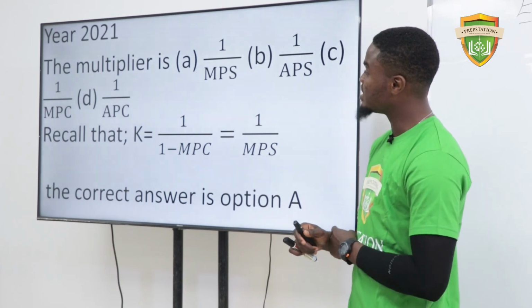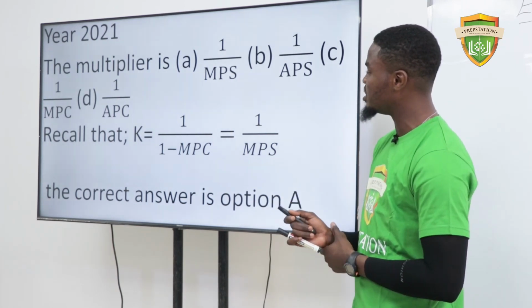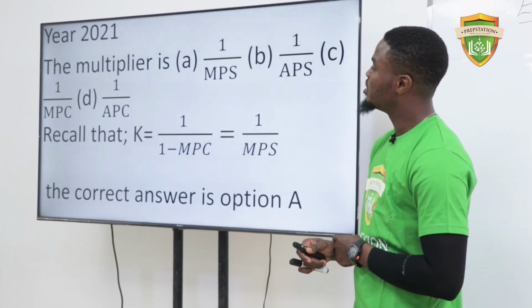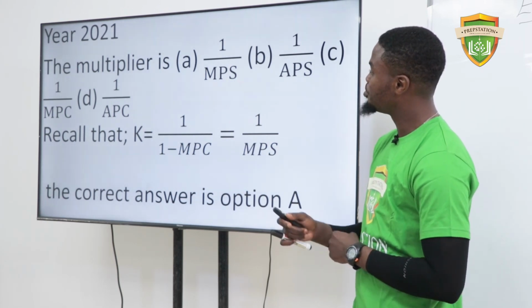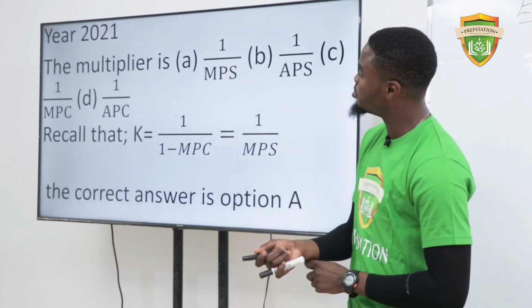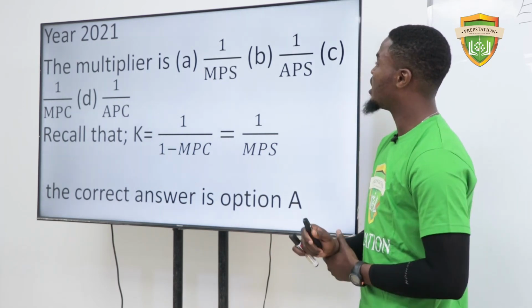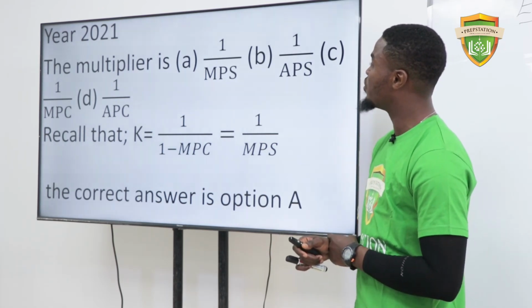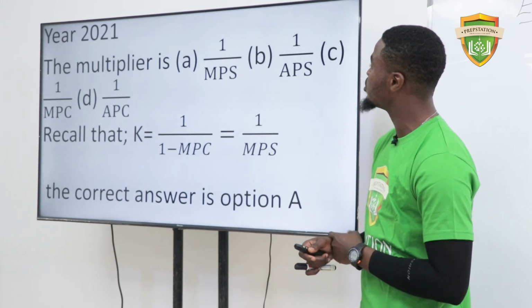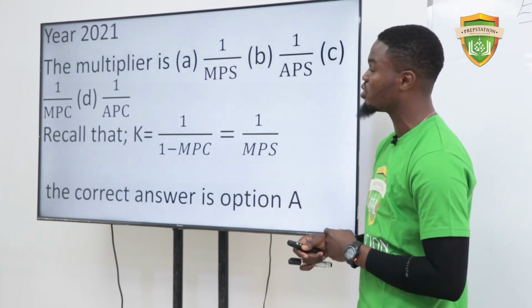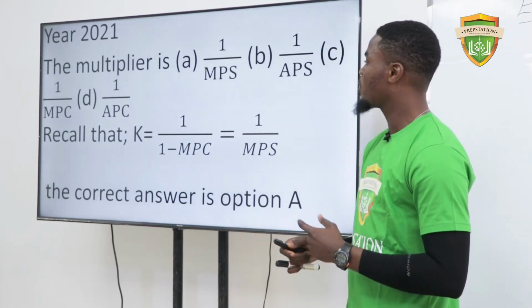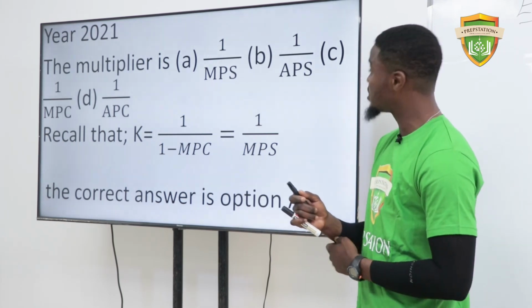The multiplier is, that is, they ask you to find the appropriate formula that you can apply on the multiplier. You have A, 1 over MPS, B, 1 over APS, C, 1 over MPC, and D, 1 over APC.